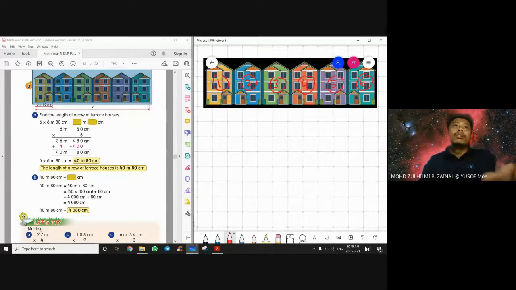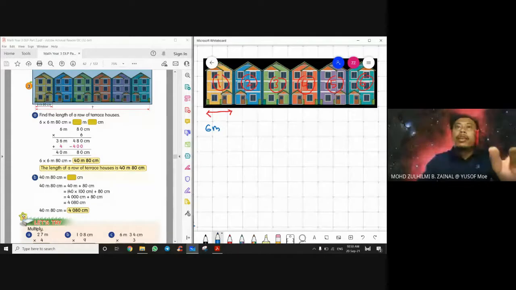There are 6 houses but it doesn't want the houses. It wants the distance. Earlier, the pole was in between the houses. But now we want the distance or the length of all the houses together. So from here you can see the length of a house is 6 meters 80 cm. One house.